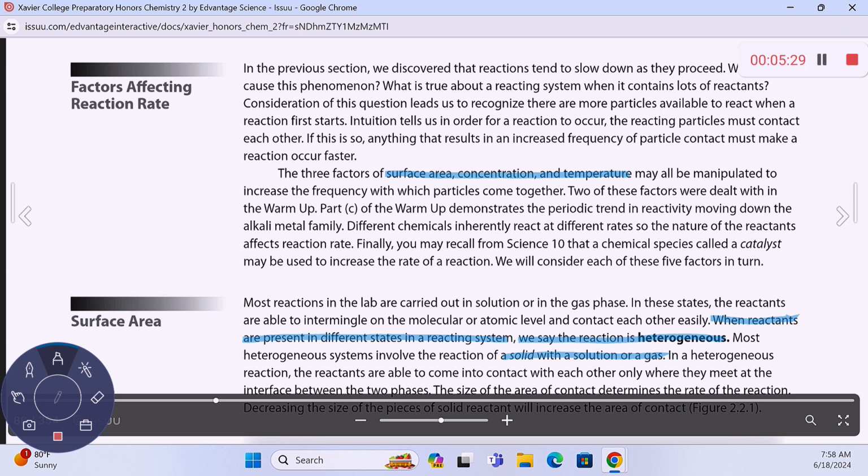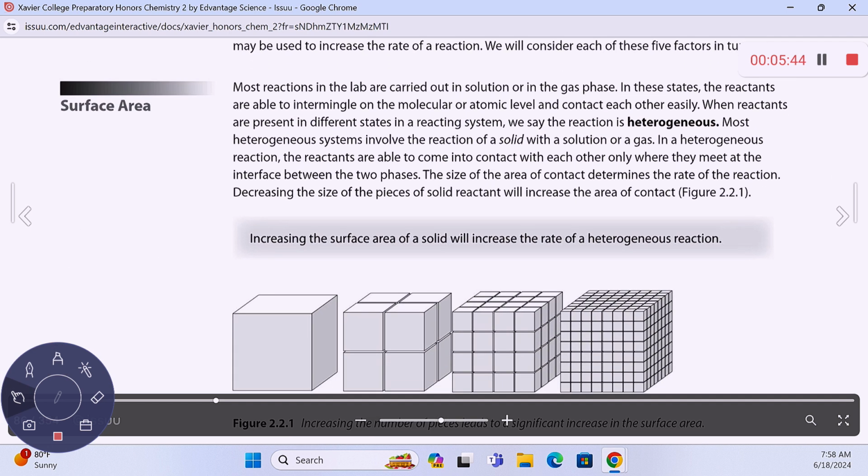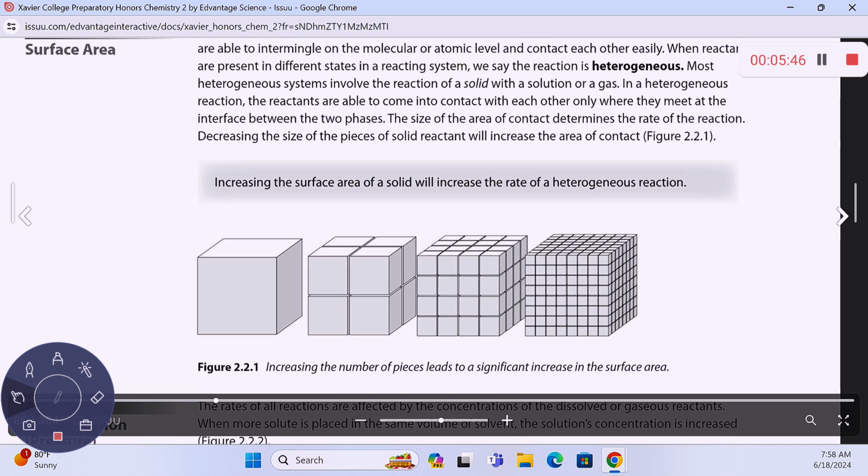So that means in heterogeneous reactions, you want the reactants to come into contact as much as possible. And the best way to do that would be to have your solid be in powder form. So here they're showing you that if you keep cutting the surface area of a solid into smaller and smaller pieces, you're going to end up increasing the rate of the heterogeneous reaction because there will be more points of contact between the two reactants.